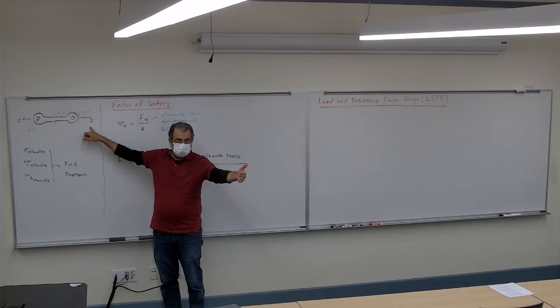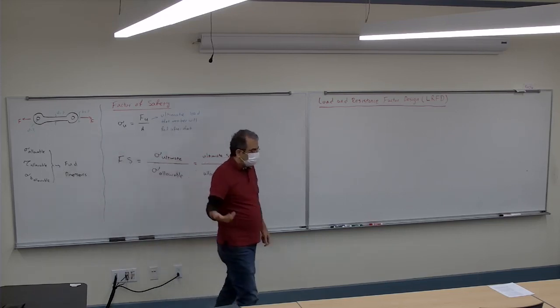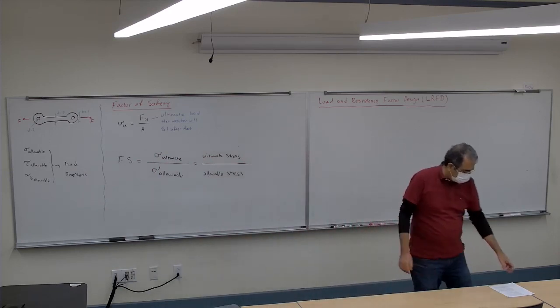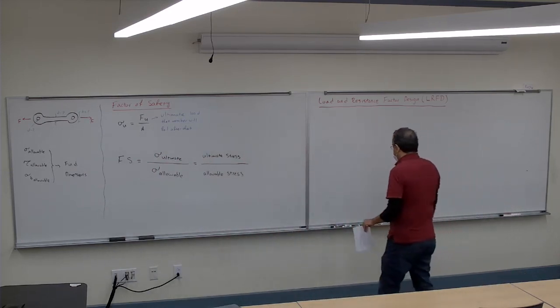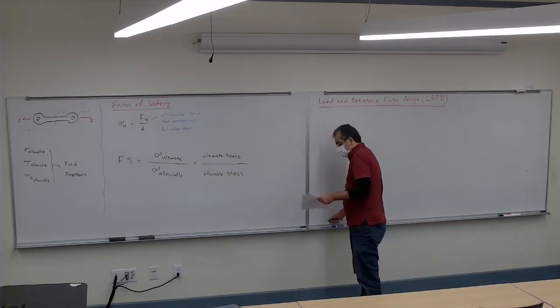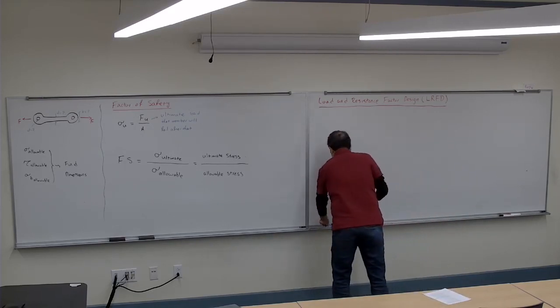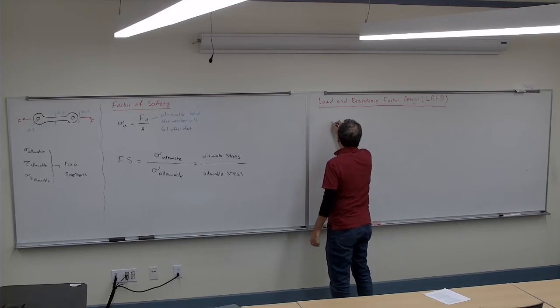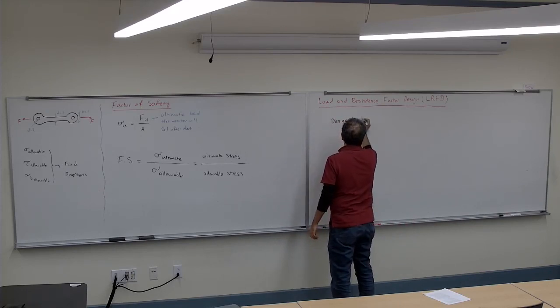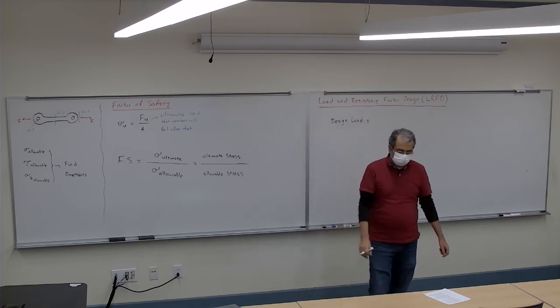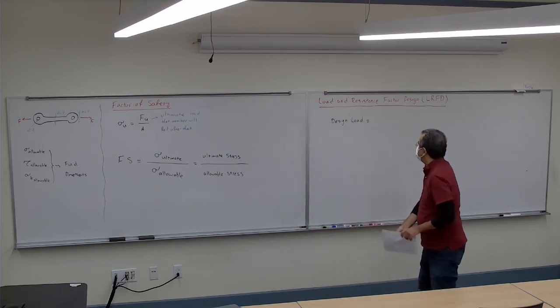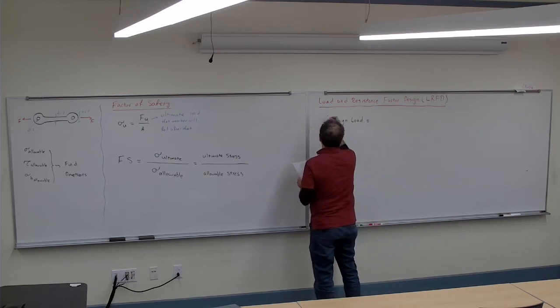Okay? Now, for example, in building material, for the structure, when they want to find a design load, usually the design load is going to be from the building code.